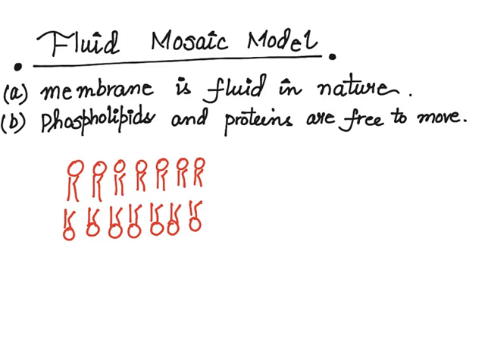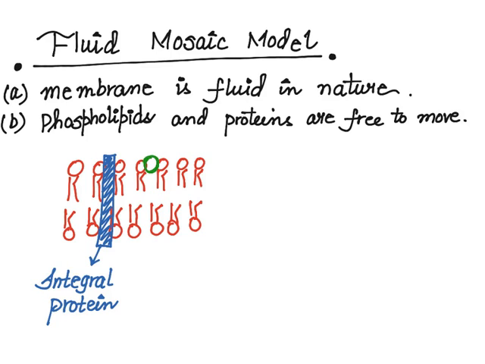All right, so now we are going to show an integral protein inside the plasma membrane, and the name of this is called integral protein. All right, next one, this one somewhere here, these type are called peripheral protein.